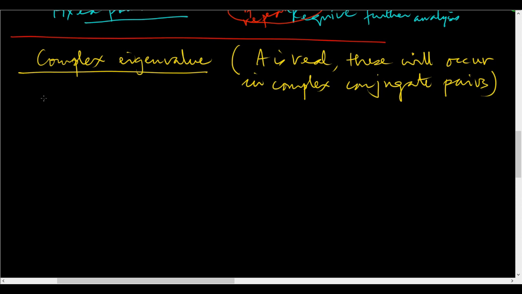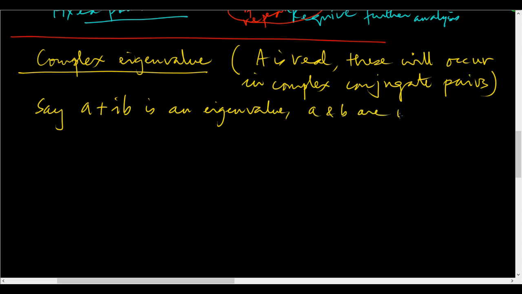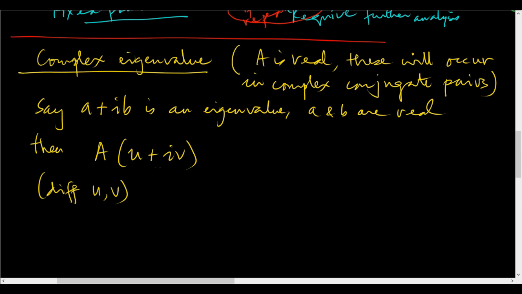So say a plus ib is an eigenvalue, a and b are real, then A times some vector u plus iv, different u and v, not the previous ones. A(u plus iv) is equal to (a plus ib) times (u plus iv). u and v are real.